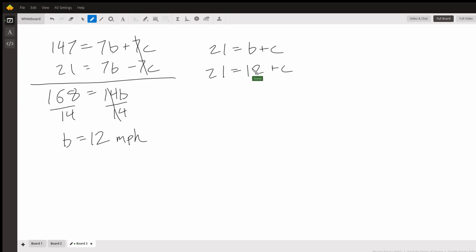And now we can solve that for C. We can subtract 12 from both sides. So C would be 21 minus 12, which is 9 miles per hour. So now we have the rate of the current.